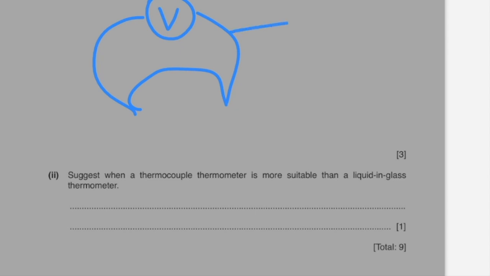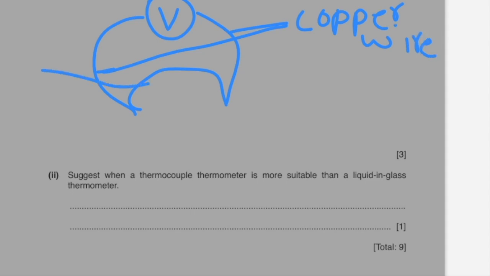These two over here are going to be copper wires, and this one over here is an iron wire. One of these junctions is going to be hot and the other junction is going to be cold.